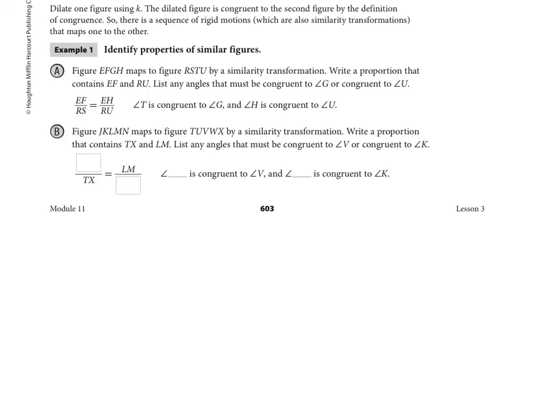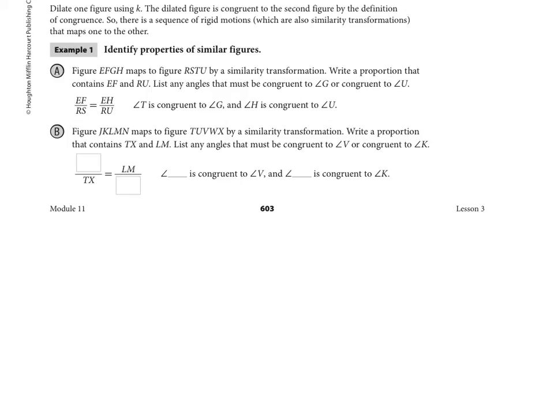So first off, we're told that in part B, figure JKLMN maps to figure TUVWX by some sort of transformation. You guys, that's just a fancy word for they're similar, okay? Write a proportion that contains both TX and LM, and then list any angles that must be congruent to angle V or to angle K.